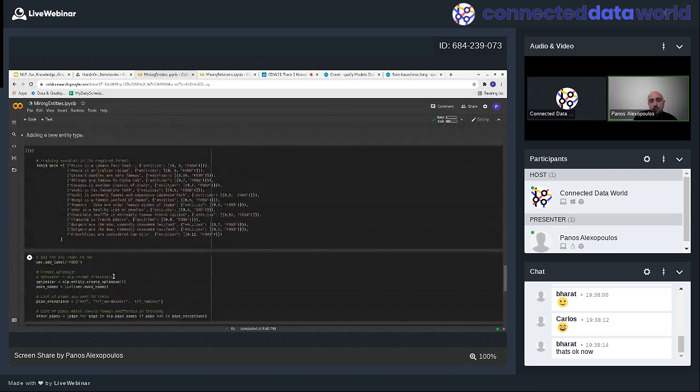Now, something really important. The quality of the machine learning component here is highly dependent on the quality of the input data that we give it, and especially of the annotations.